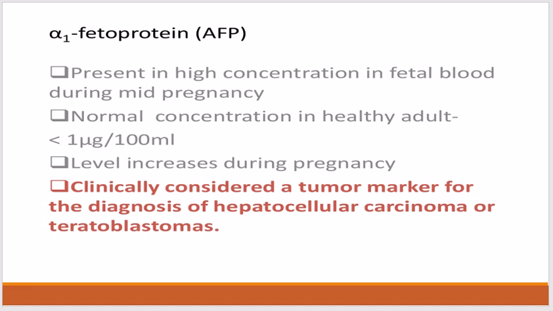And the last alpha 1 globulin is the orosomucoid. It is 0.6 to 1.4 grams per liter in normal plasma, and the carbohydrate content is 41%. The orosomucoid is a reliable indicator of acute inflammation. It binds with the hormone progesterone and transports it.